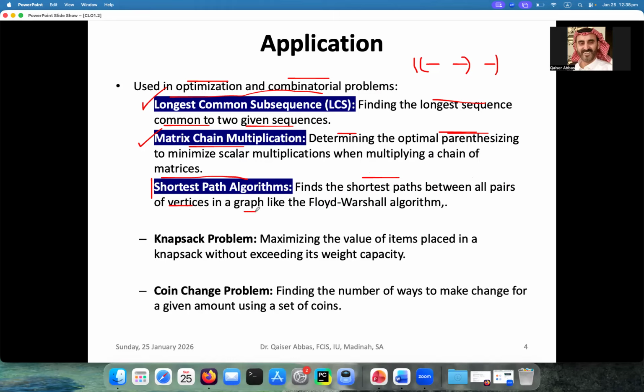For that, for example, we have an algorithm called the Floyd Warshall algorithm for finding the shortest path. The algorithm name is written here, and we will also do that.